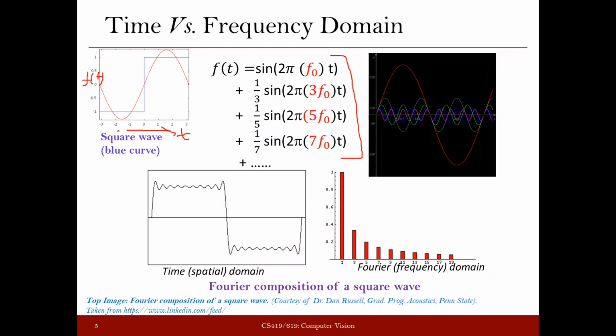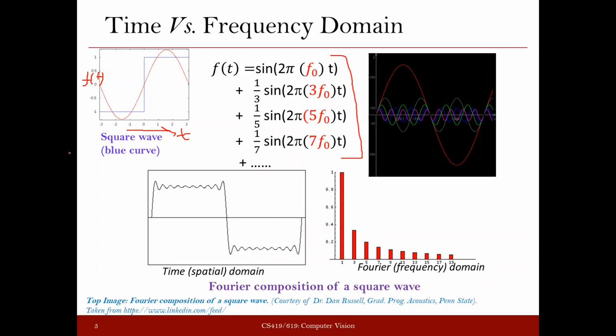That means you can say that when the values of t are from -3 to 0, the value is -1 for this function. When the values of t are from 0 to 3, this function f(t) has value 1, and that completely defines this waveform. Now with the help of Fourier series, you have an alternate representation for this waveform.